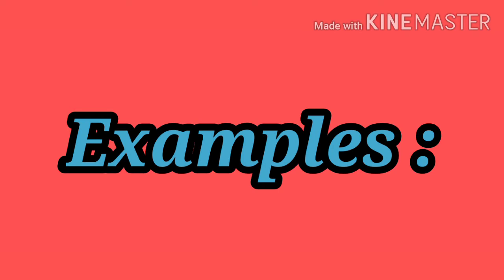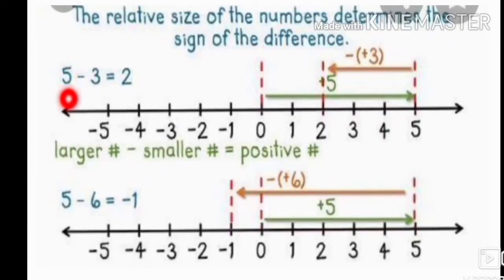Students, let us see some examples. To subtract 3 from 5, we start at 0 facing positive direction. Move 5 steps forward from 0 to represent plus 5.